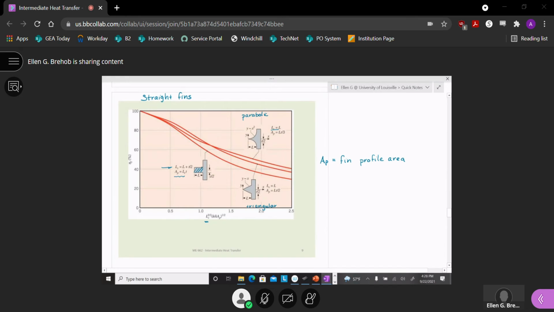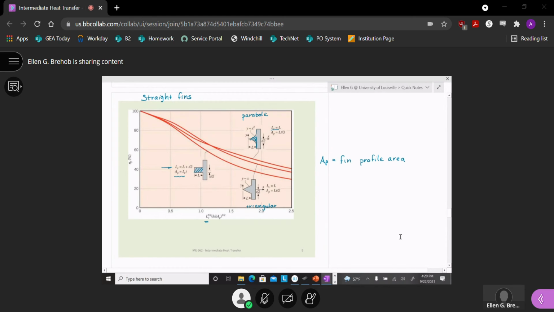And in this guy, we're looking at that profile area. And they give the equation to how you calculate the fin profile area. I think it's easy in the rectangle and triangle. You'd have to do a little bit of thinking for the parabolic to get that it's the height from the base of the parabolic fin times t divided by 3.